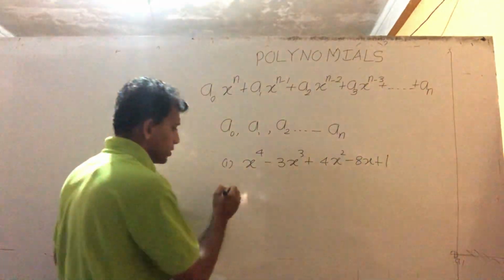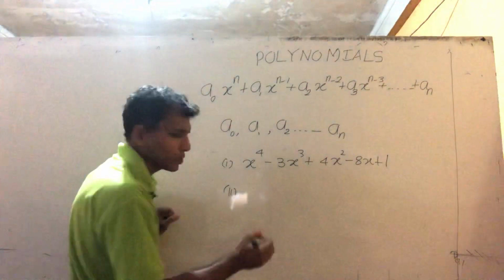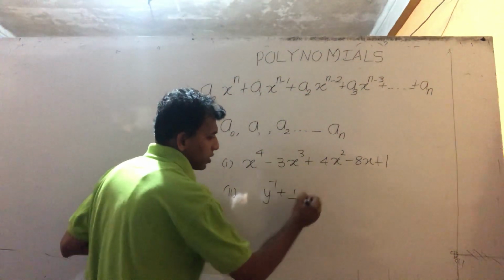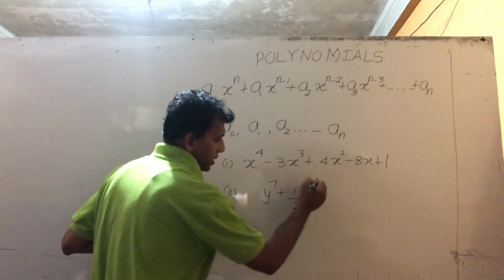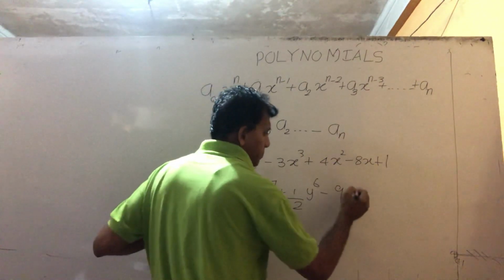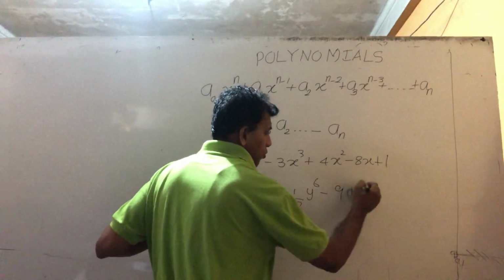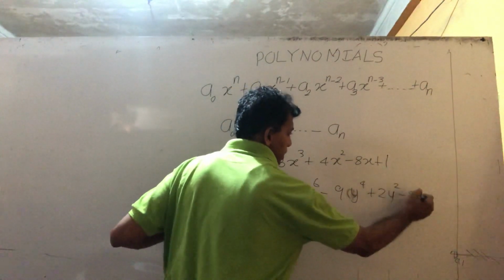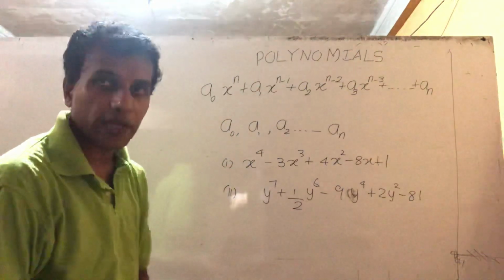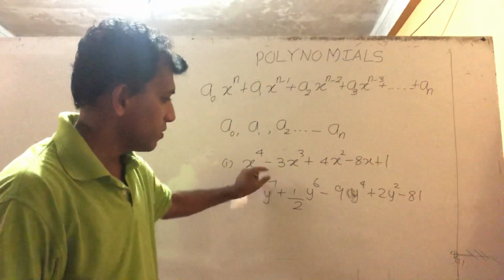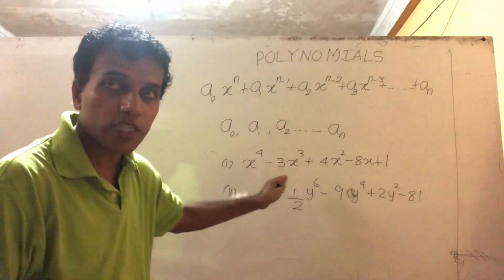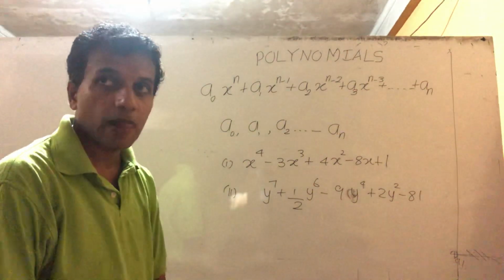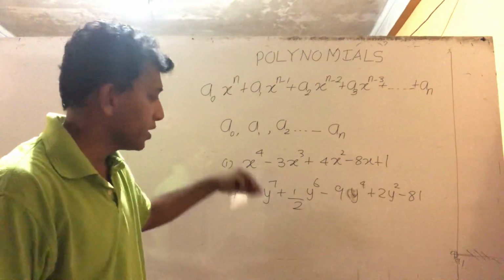See another example, not only x, say y also. y to the power 7 plus half y to the power 6 minus 9 y power 4 plus 2y square minus 81 is a polynomial, right? Power is 7. I have shown the powers in descending order. These are polynomials in terms of y or here x.